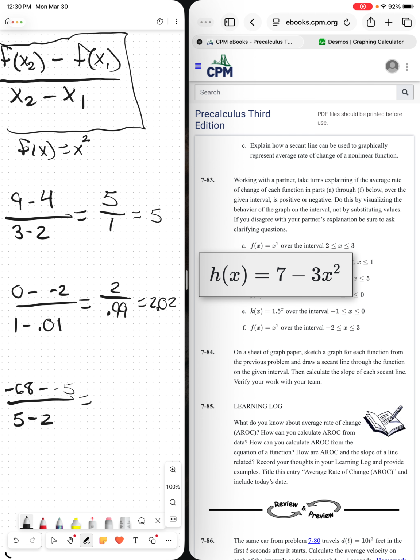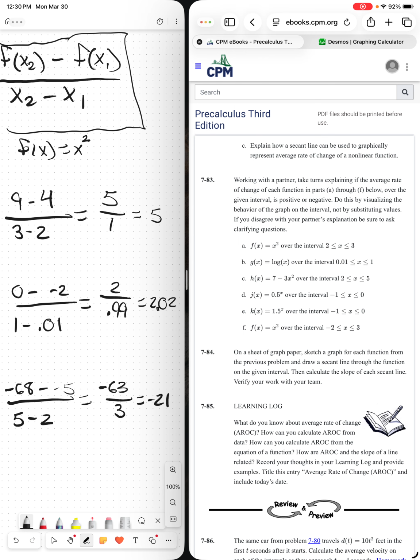So this is going to be negative 68 plus 5, which is negative 63, divided by 3. That's negative 21. Hopefully you get the idea, and you get this idea of average rate of change in a function.